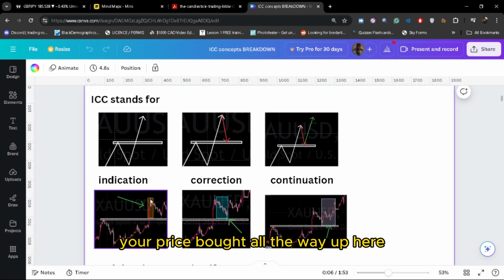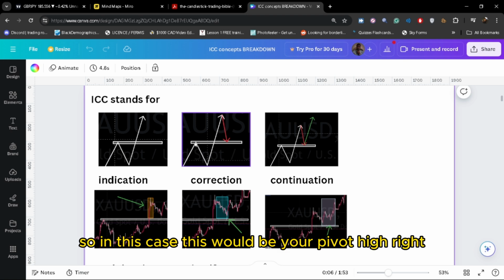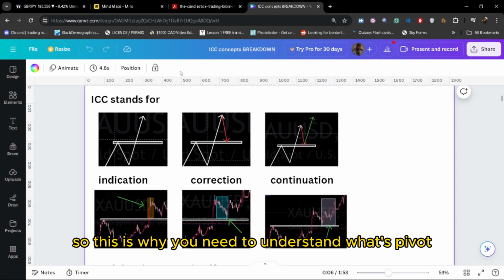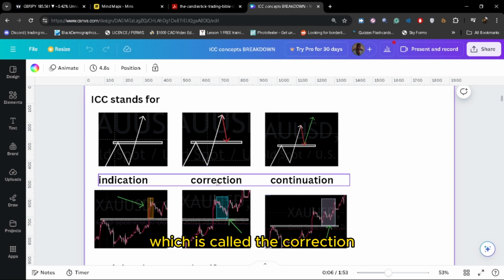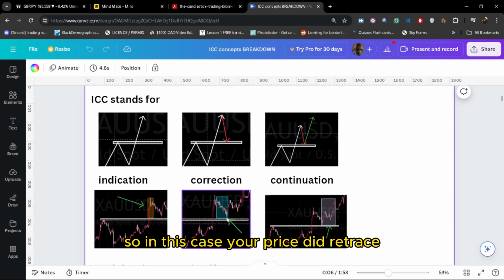In this case, price bought all the way up here, then retraced back to that level. So in this case, this would be your pivot high. This is why you need to understand what pivot points are. So price comes, it gives us the indication, retraces back to that pivot high, which is called the correction. Price did retrace, and then once it retraces, we wait for an entry, and then price now continues that trend.